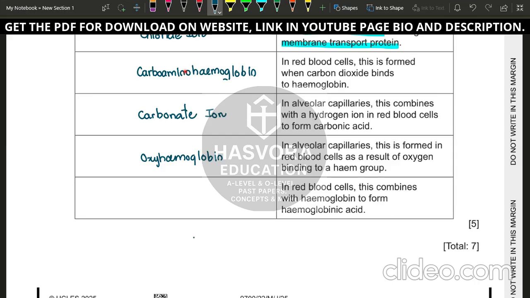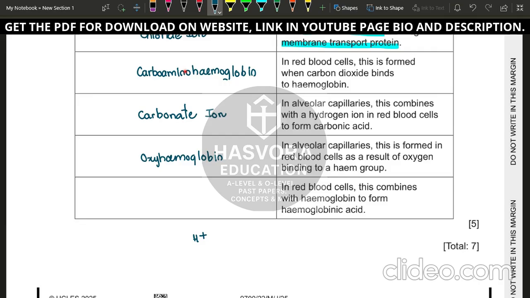Then for the last one, in the red blood cells, this combines with hemoglobin to form hemoglobinic acid. Now you should know that the H+ ion has more affinity for the hemoglobin than the oxygen. So whenever there is a low partial pressure of oxygen and high partial pressure of the carbon dioxide, the carbon dioxide first of all forms the carbonic acid, then dissociates. Then this hydrogen ion that is formed after the dissociation has higher affinity for the hemoglobin molecule.